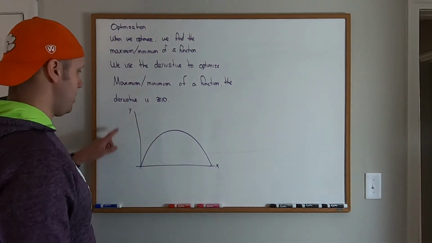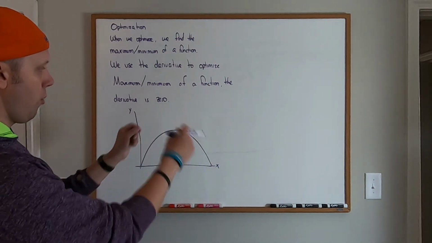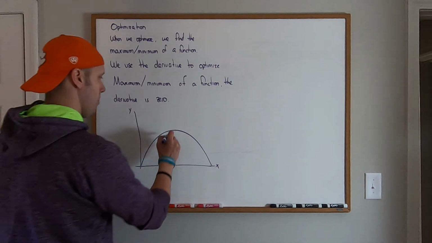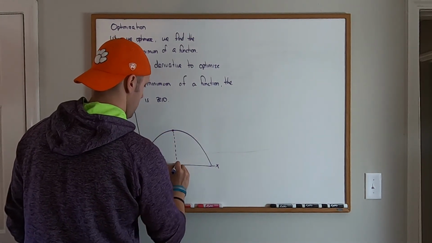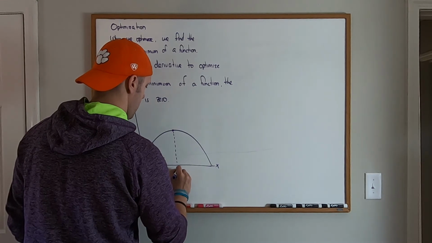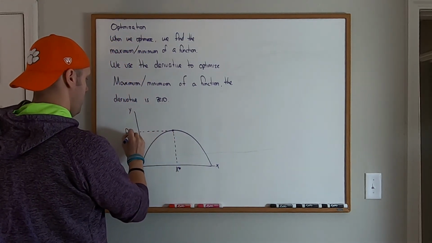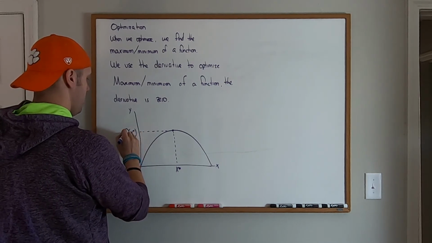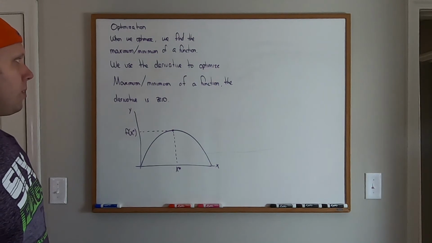So let's look at this function y equals f of x, where f of x is some sort of parabolic, downward opening function. Here is the maximum. Call this x star, and y would therefore be equal to f of x star. What's going on at x star?